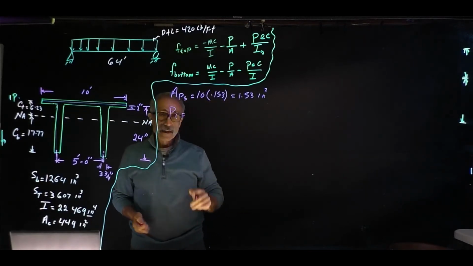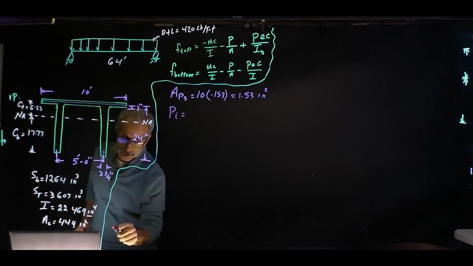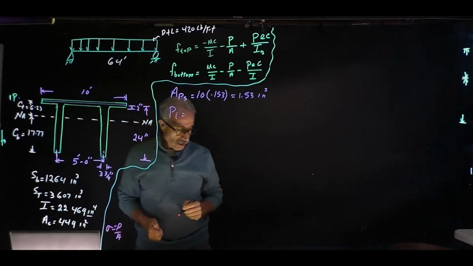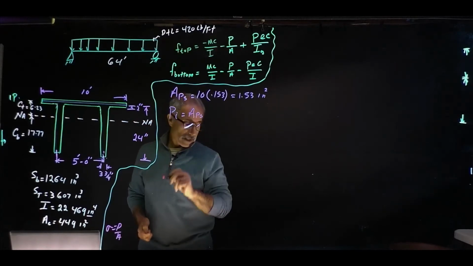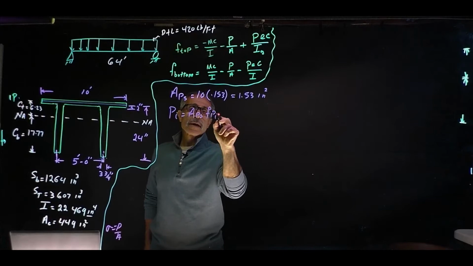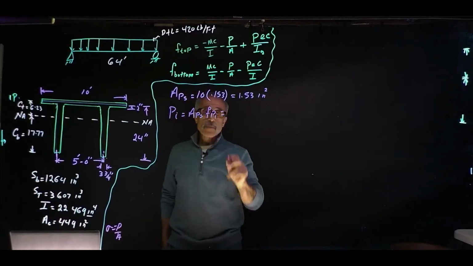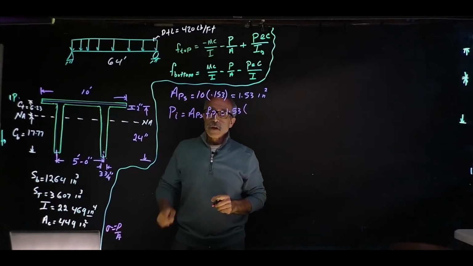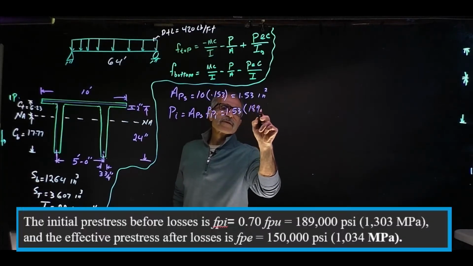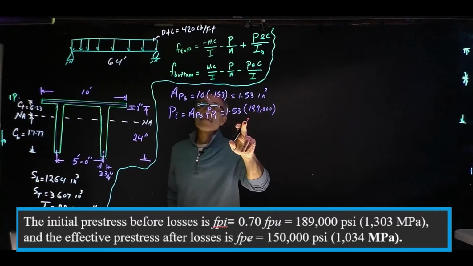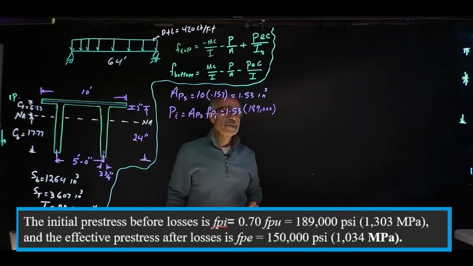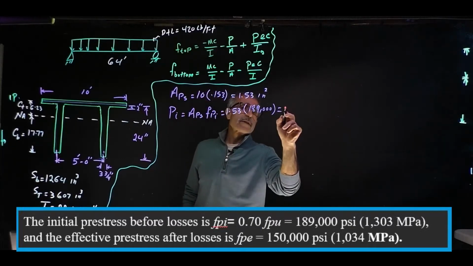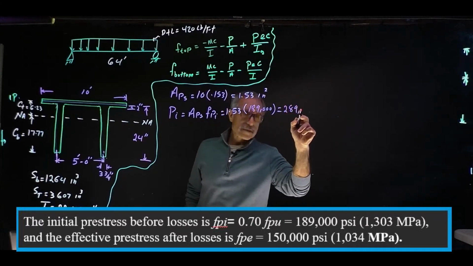We learned that a long time ago, that stress is equal to P over A, and if you use that equation, then you're going to say that Pi is equal to Aps times fpi, which is equal to 1.53, multiplied by fpi, given to us as 189,000 psi, which is basically 70% of the fpu, and fpu is 270,000 psi. So this comes out to be 289,170 pounds.